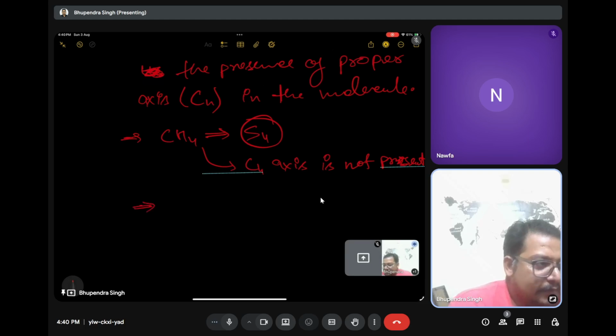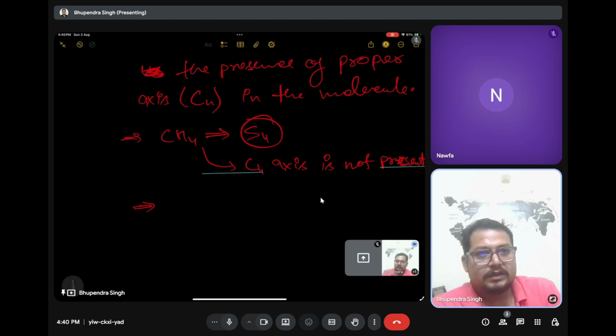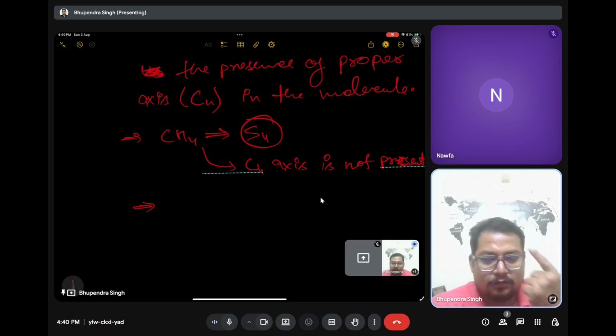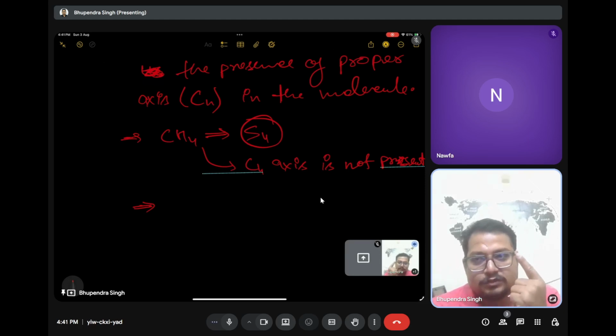Like in our previous class, I have also said that if an axis of symmetry is present, then you will easily find out how many. If you find one C2 is present, then n C2s are present.